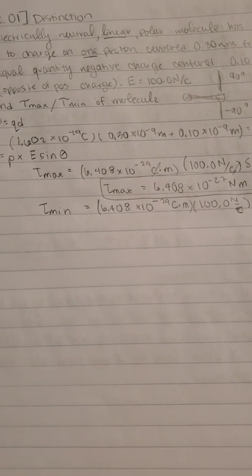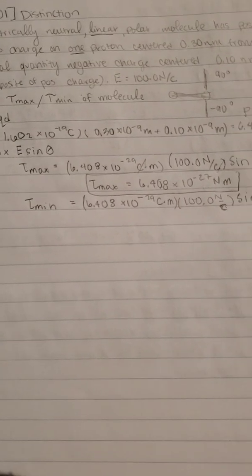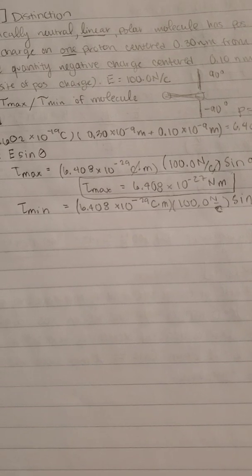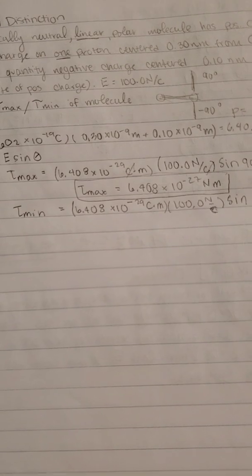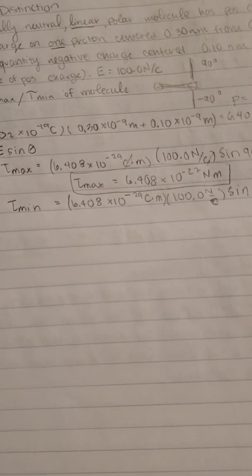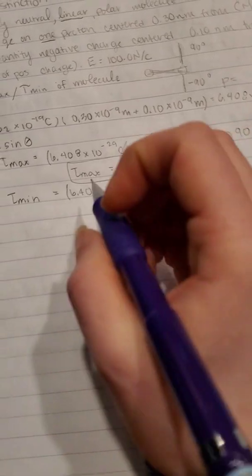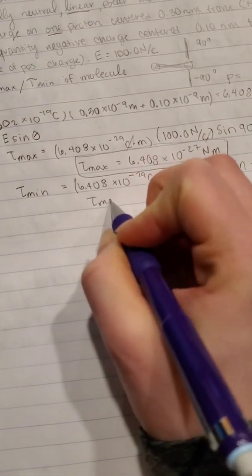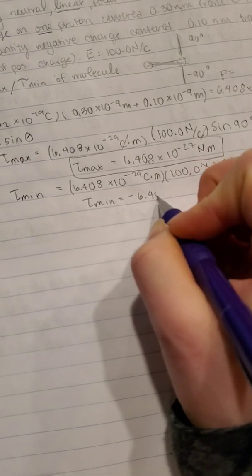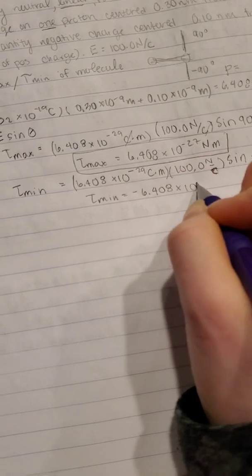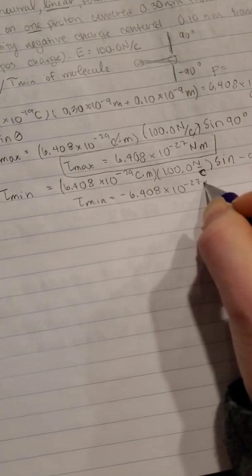Okay, so we do that. And we get the negative of the above number. So it's negative 6.408 times 10 to the negative 27 newton meters.